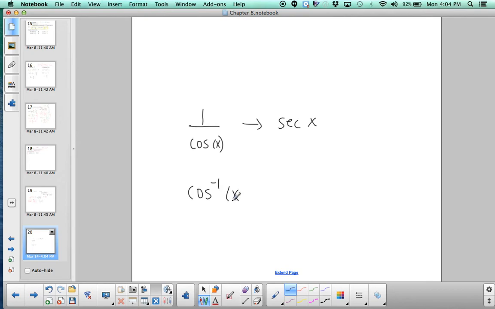This is not equal to the arc cosine, and that's the same with sine and tangent as well. So this is the arc cosine, the inverse. This does have domain restrictions, but it's not equal to the secant.